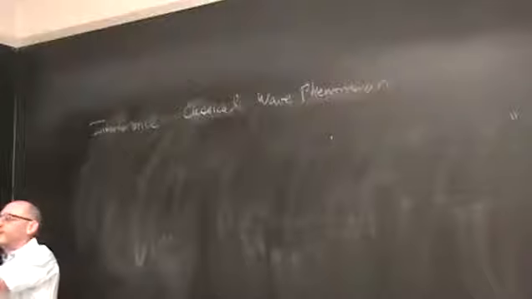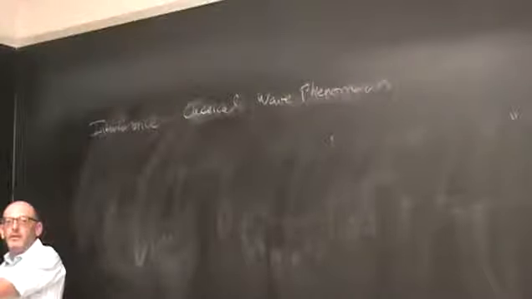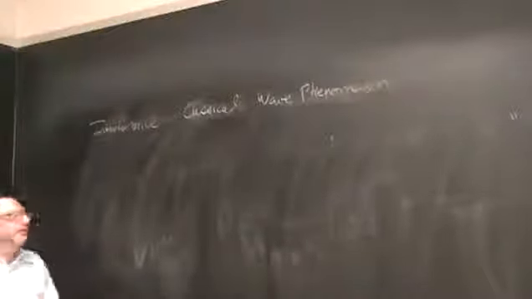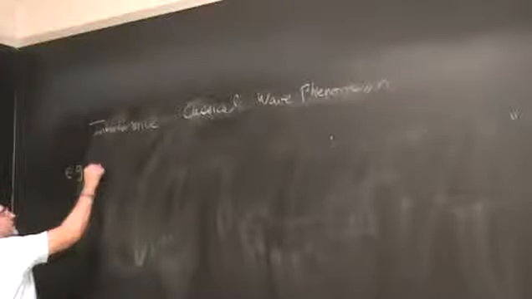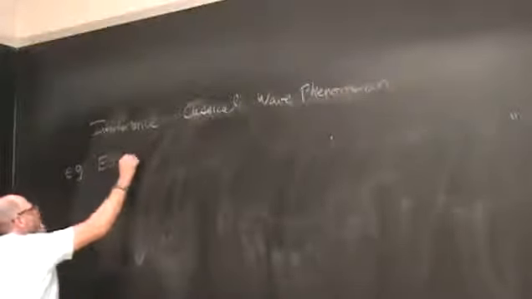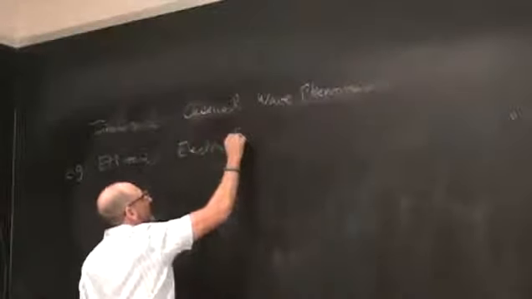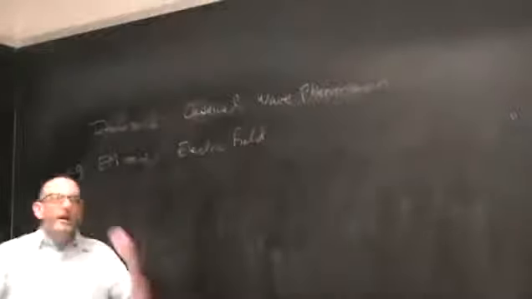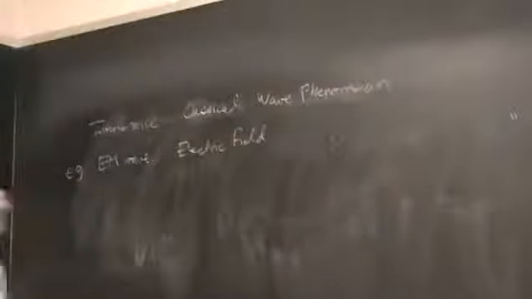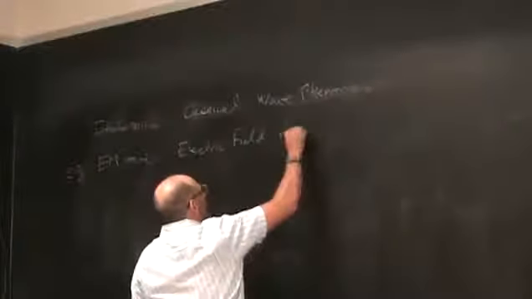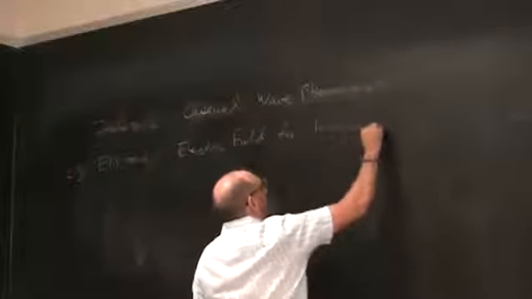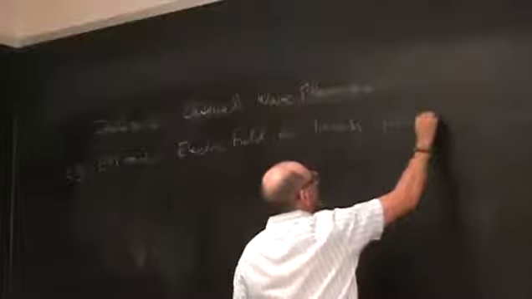So if I look at this interferometer, for example, I can think about this as an interferometer that interferes classical electromagnetic waves. So suppose I have an electromagnetic wave, and suppose I have the electric field associated with, say, a linearly polarized plane wave.